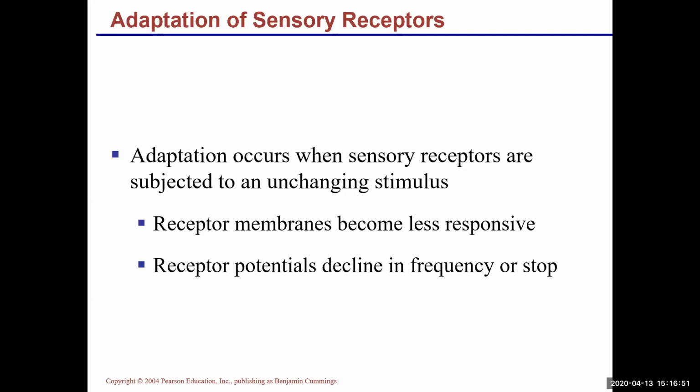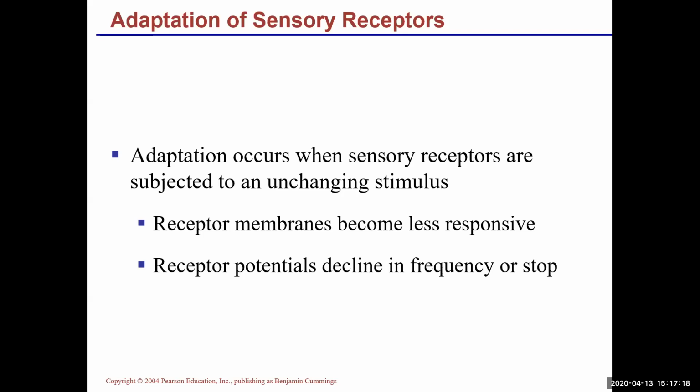So again, adaptation could be in dark and light. Your photoreceptors are subject to adaptation as well. If you go to a dark room all of a sudden from an area that was really lit up, your eyes need to get adapted, and they will.